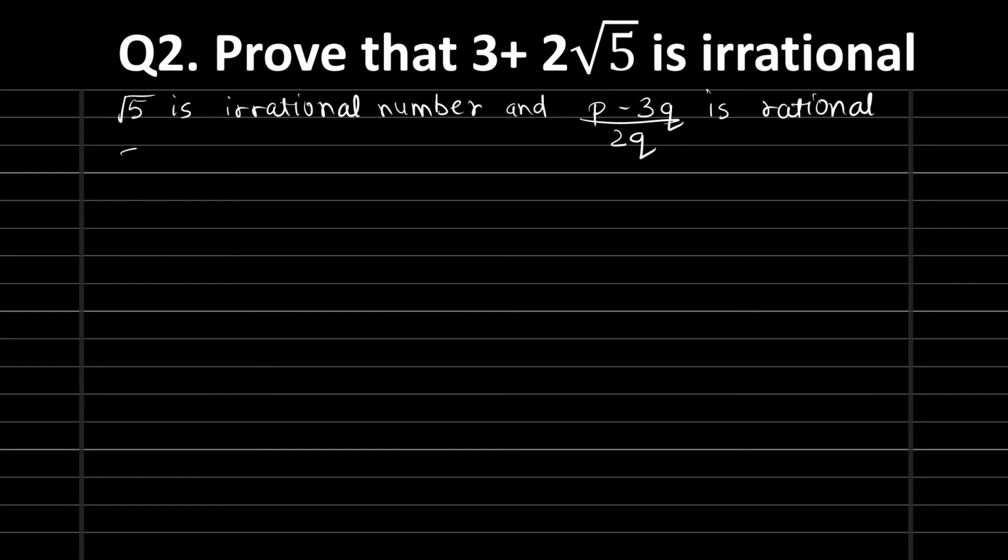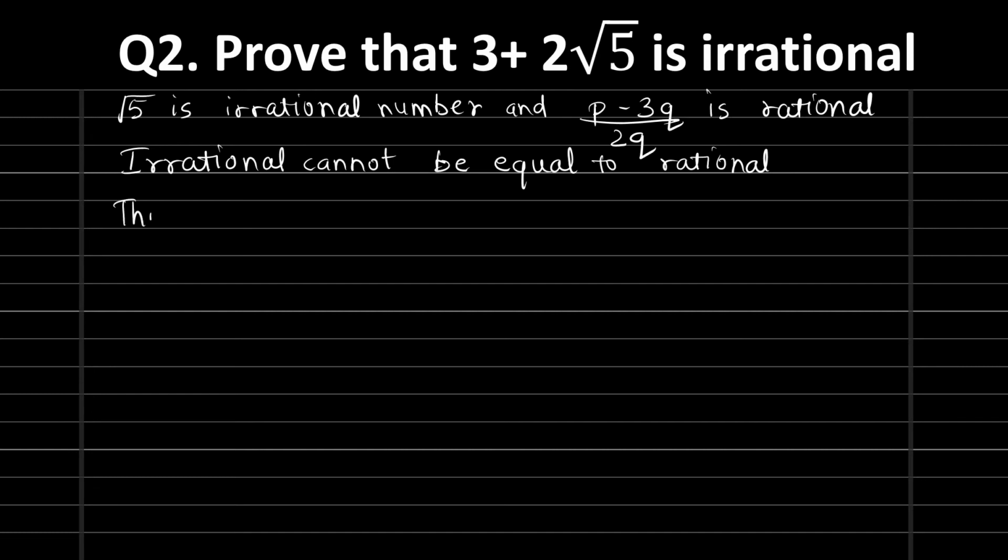We can note here that irrational cannot be equal to rational. So left hand side we got it as irrational number and right hand side is rational number. There is a contradiction here.